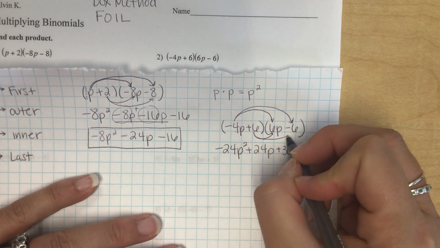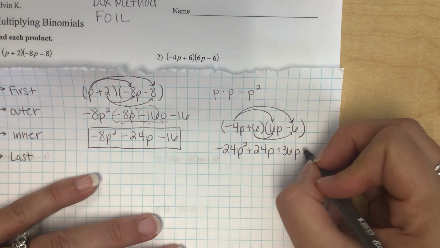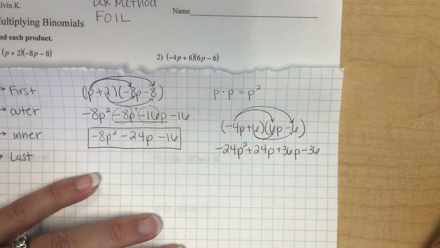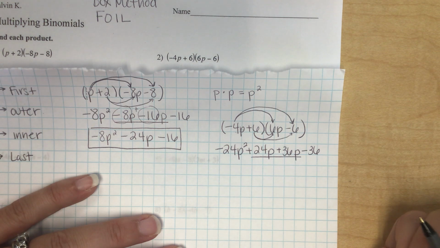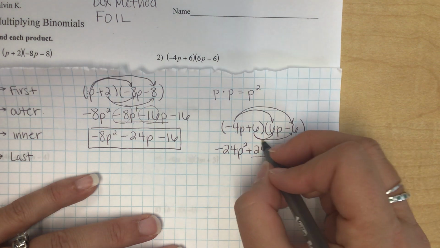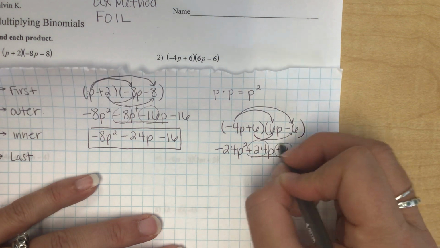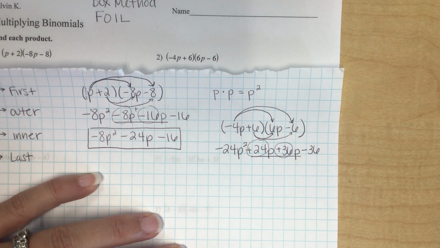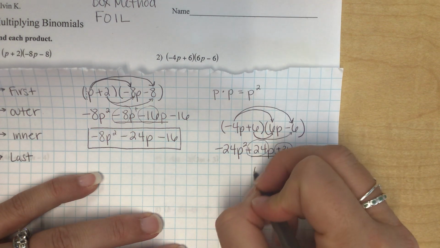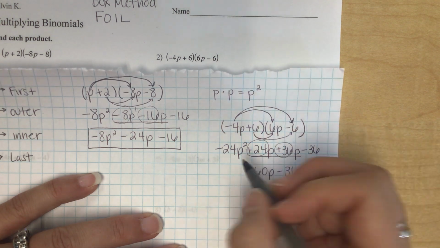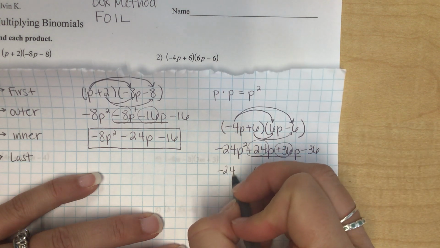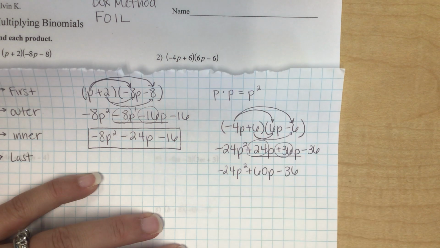And then L for last, 6 times negative 6 is negative 36. And then we check out the middle terms. We can combine those. They both have just a P with them. So again, we're looking at a positive 24 plus a positive 36, which is going to give me 60P. Bring down my minus 36 and bring down the negative 24P squared.